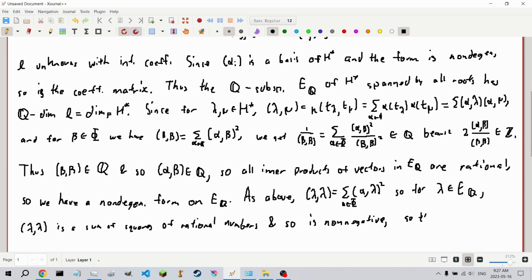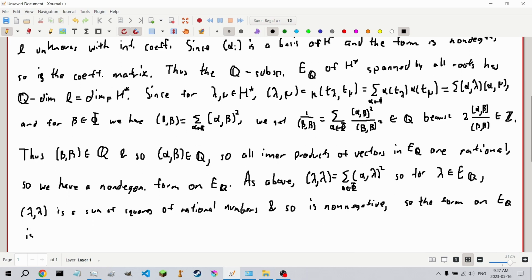So the form on E sub Q is positive definite.